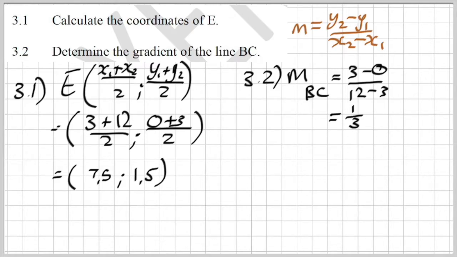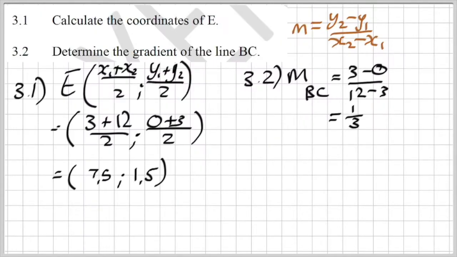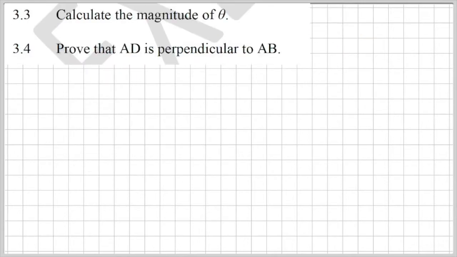Please now understand that this is automatically the gradient of both BC and AD. Remember that. Keep it in mind for future reference. So when we look at the next question, calculate the magnitude of theta.